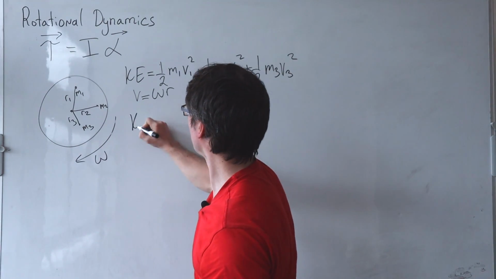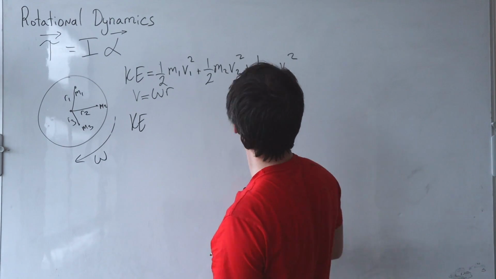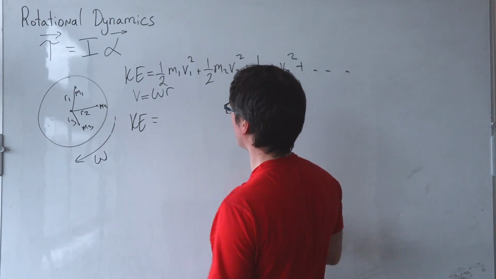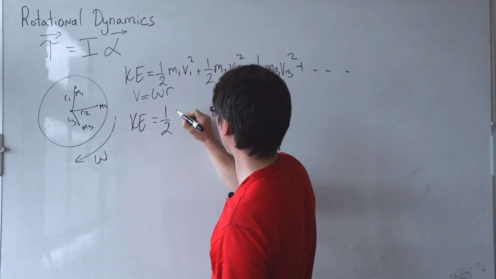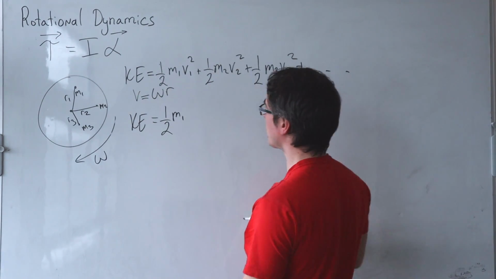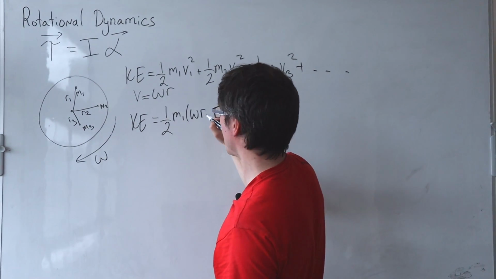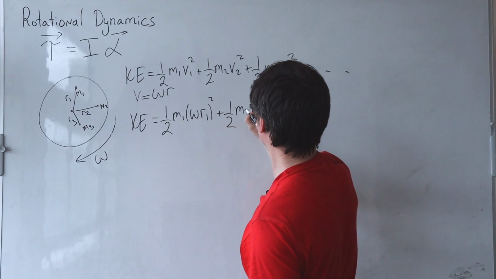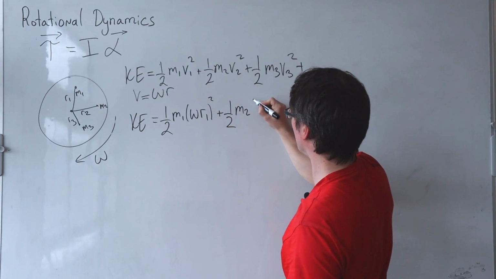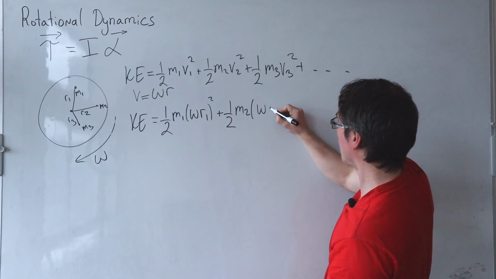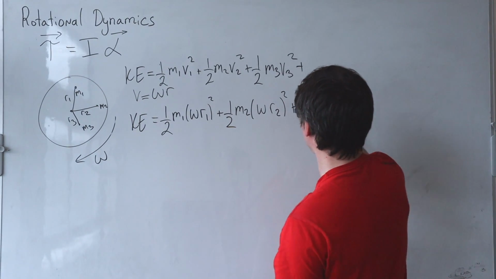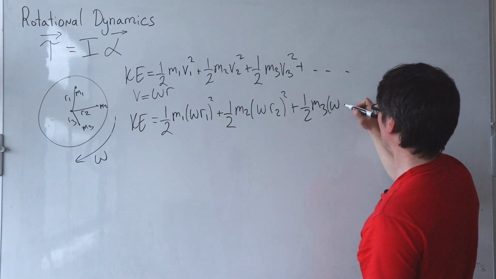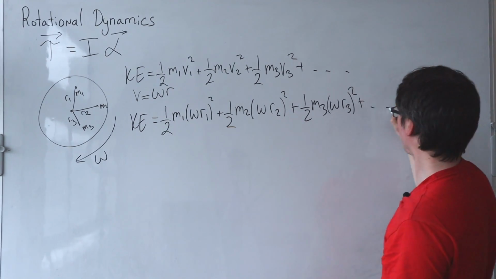So the kinetic energy, with a dot dot dot for all the other particles, will be equal to a half m1 times v1 squared, which is given by (omega r1) squared, plus a half m2 times (omega r2) squared, plus a half m3 times (omega r3) squared. You guys get the idea.